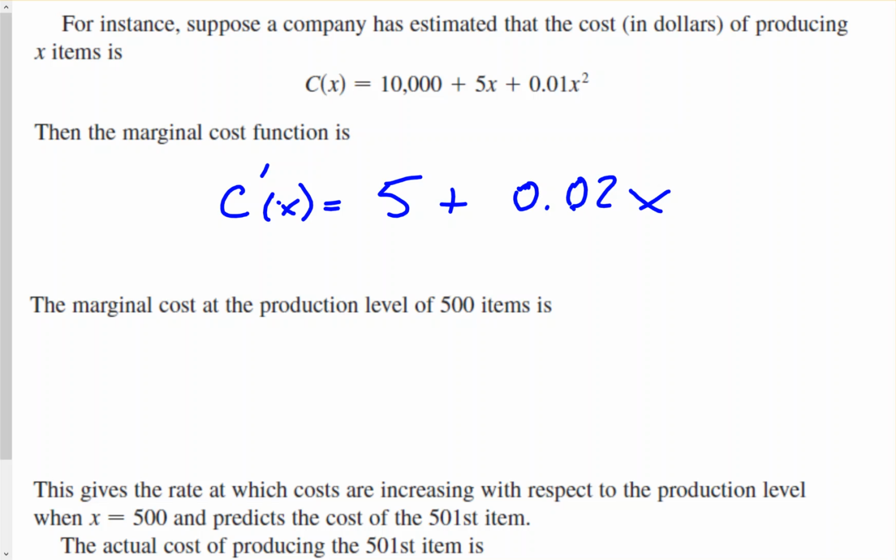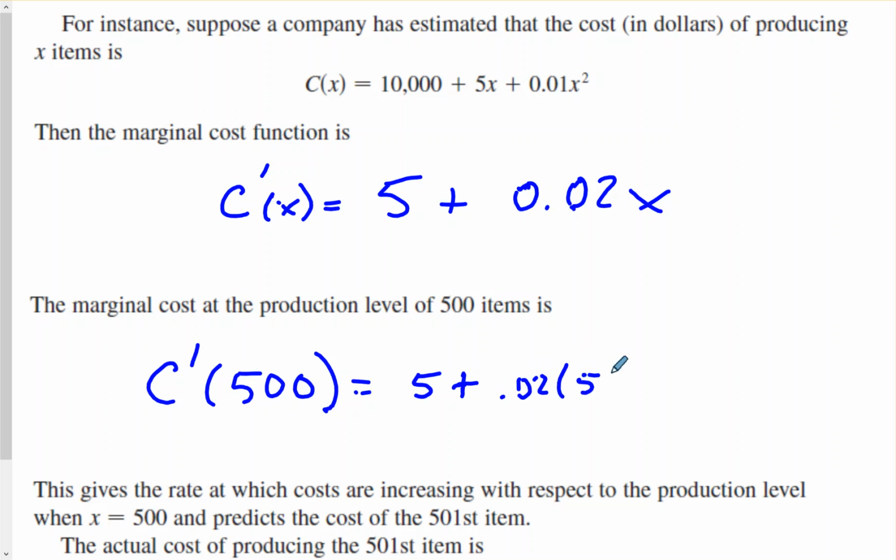The marginal cost at the production level of 500 items is, so now we plug in 500 into our marginal cost formula. So 5 plus 0.02 times 500, and that gives us $15 per item.